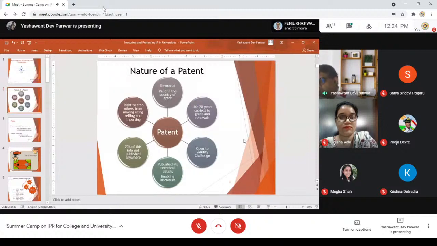But what will help you in nurturing IP and nurturing research and development within your institution is to look at patent documents. All the patent applications filed with the patent office for different countries get published.